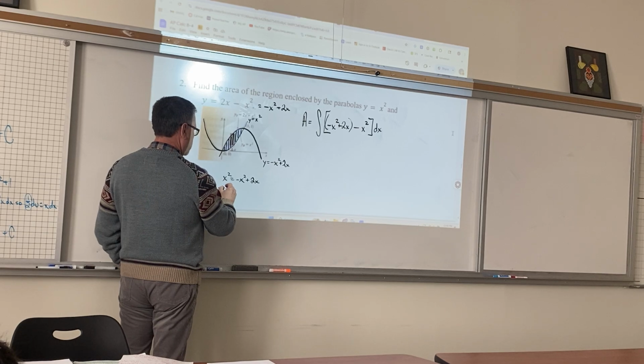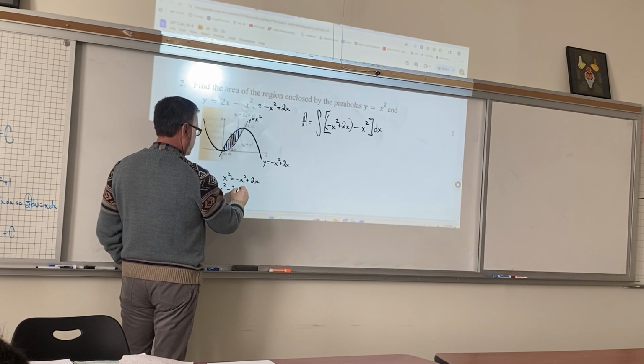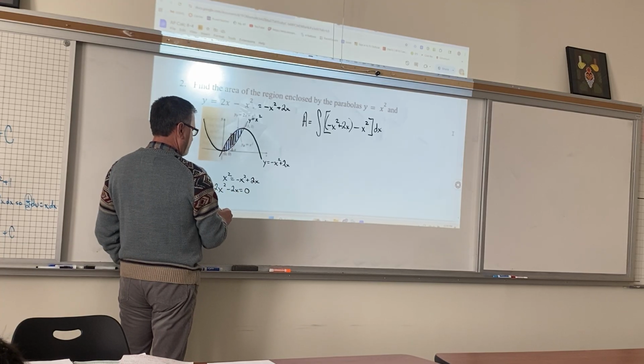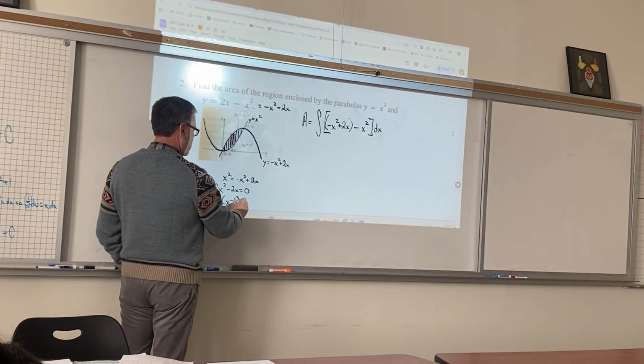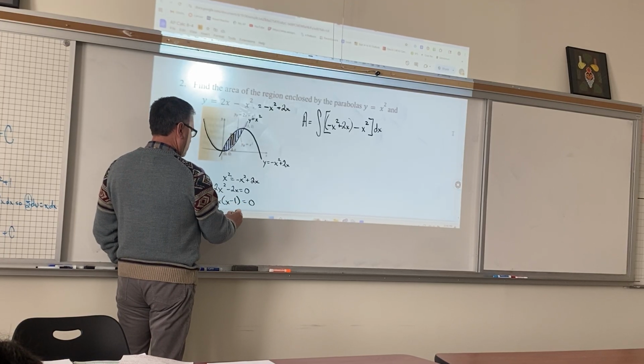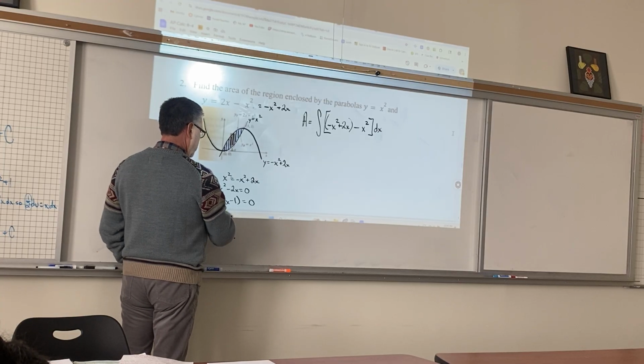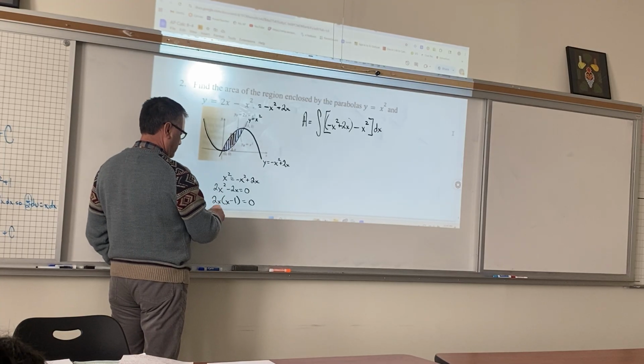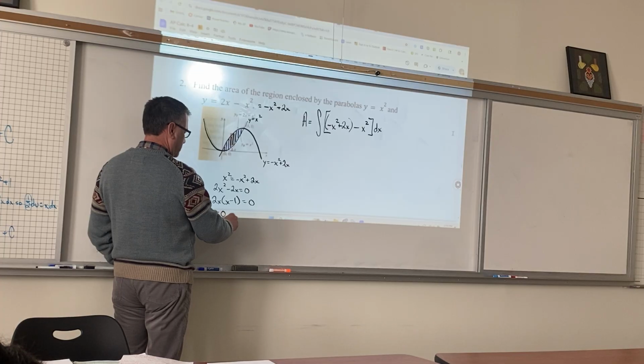If I get them on the same side, that's going to be 2x squared minus 2x equals 0. I can factor out 2x, that's going to be x minus 1. So x equals 0 and 1.